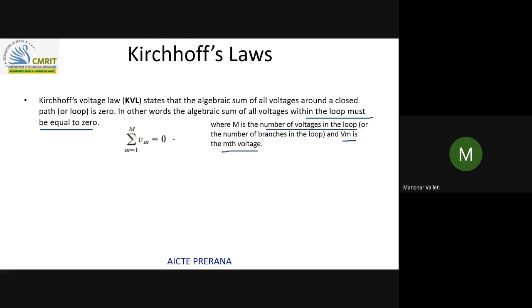Let's say in this, how many voltages are there? 1, 2, 3, 4, 5. 5 voltages were there, so M equal to 5.